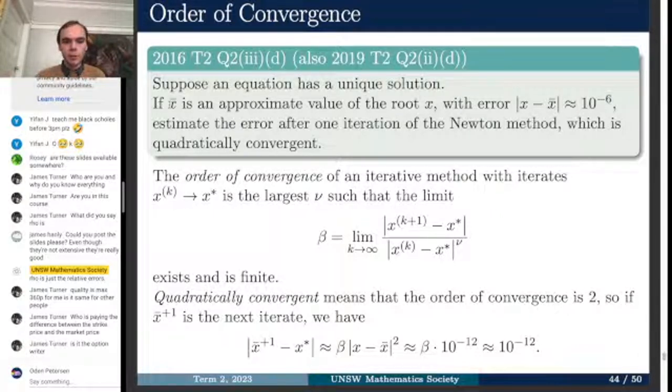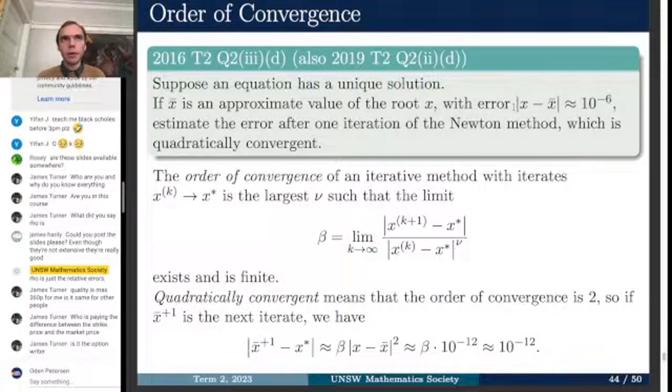Hopefully, if we do that enough times and the iteration procedure converges to the actual root, then the more times we do it, the closer and closer we get asymptotically.